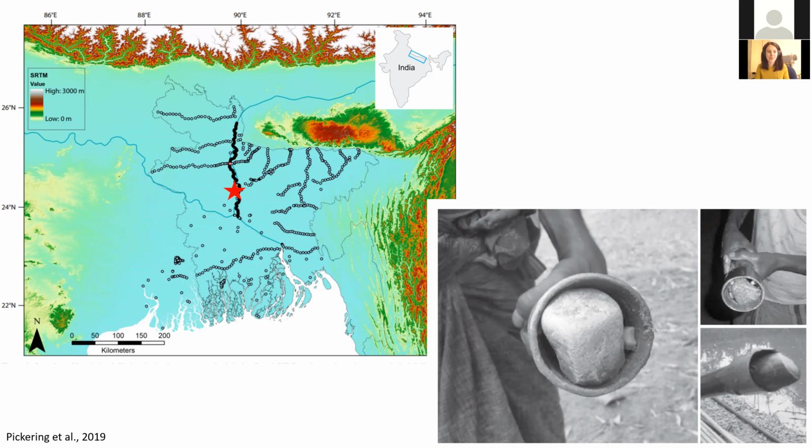So this recent study by Pickering et al. 2019 is in the Delta region near Bangladesh, and they've taken lots of subsurface borehole samples here, and a lot of them have recovered these very coarse pebbles quite far out in the distal plains.